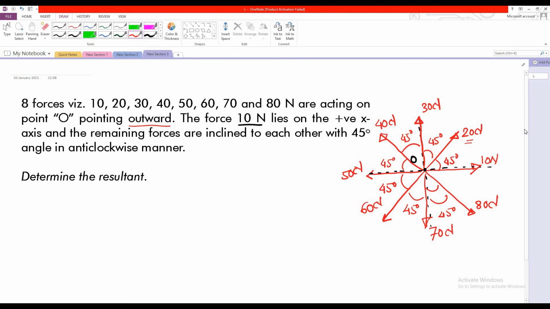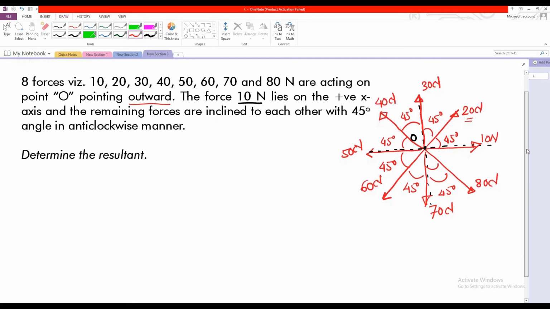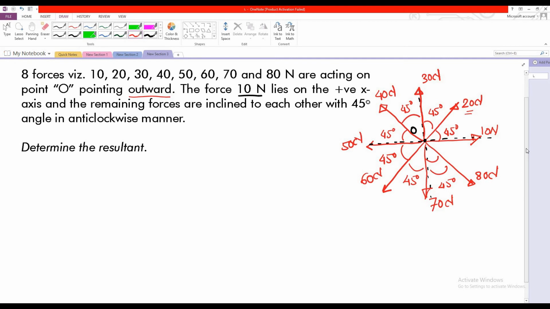Now comes the second part. The first part was to create a diagram from given problem statement. Now comes the easy part, the conventional part. That is, resolve the forces, then find out fx, fy, then find out magnitude of resultant, then determine the inclination of resultant that it is going to make with x-axis, then finally the quadrantal position of the resultant, and ultimately the diagram.